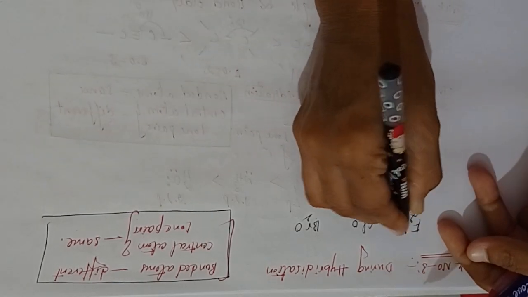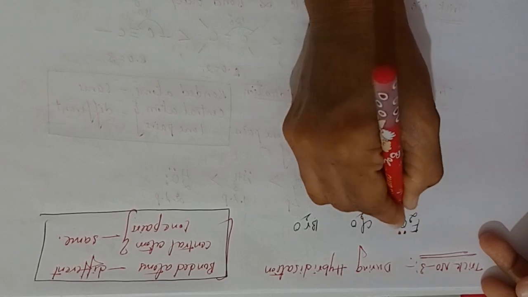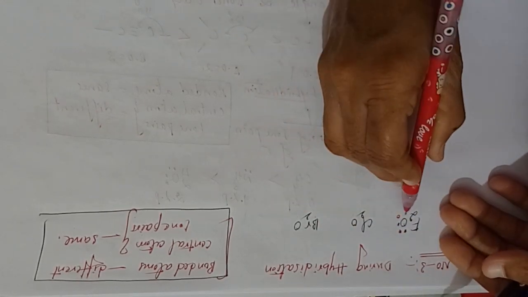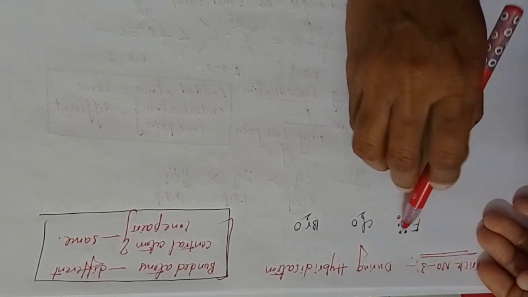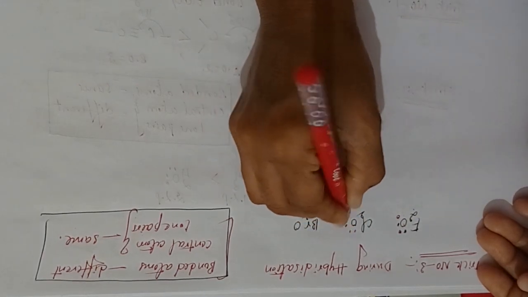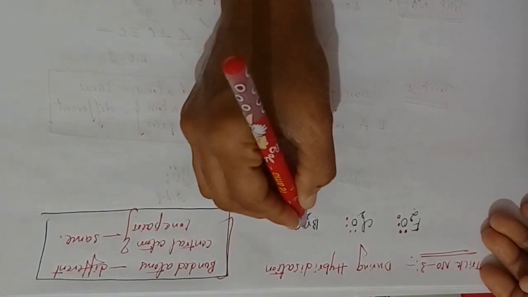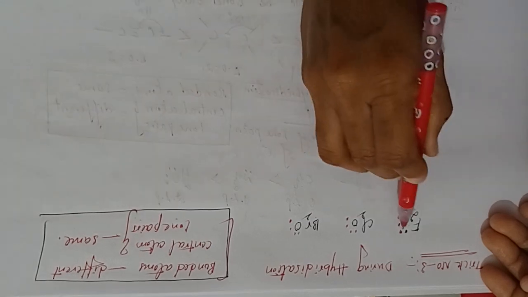How many lone pairs? 2 lone pairs, because oxygen has 6 valence electrons, of which 2 are involved in bonding with the 2 fluorines. The remaining 4 electrons make 2 lone pairs. Those not involved in bonding are lone pairs. Here also 2 lone pairs, so lone pairs are same.